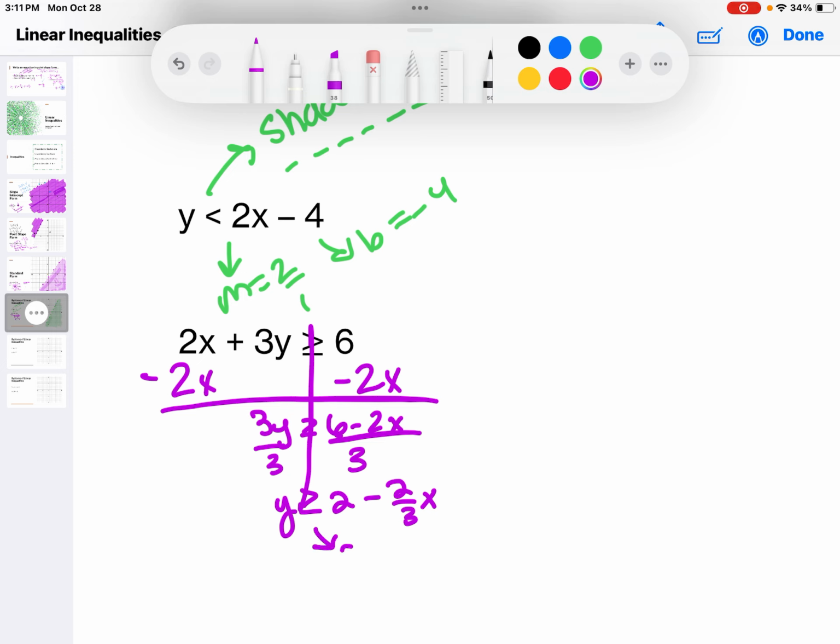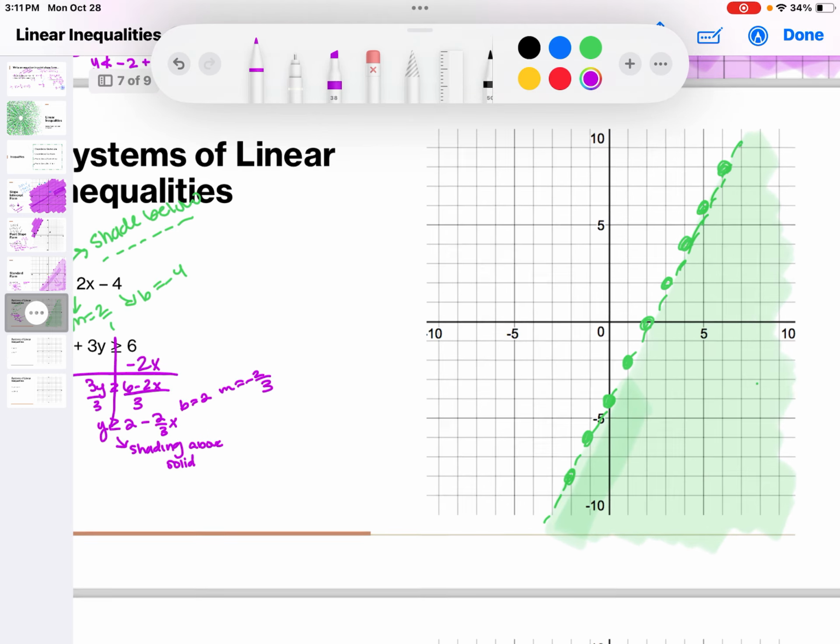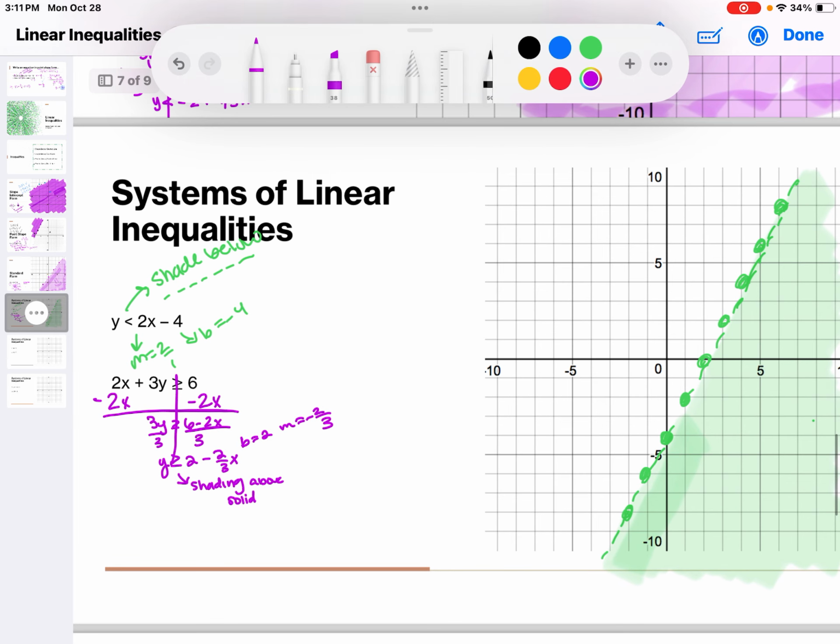That means we're shading above, and it's going to be a solid line. The y-intercept is 2. Slope is negative 2/3. So let's go graph it. The y-intercept is 2. Slope is negative 2/3, so down 2 over 3. Down 2 over 3. Up 2 to the left 3.